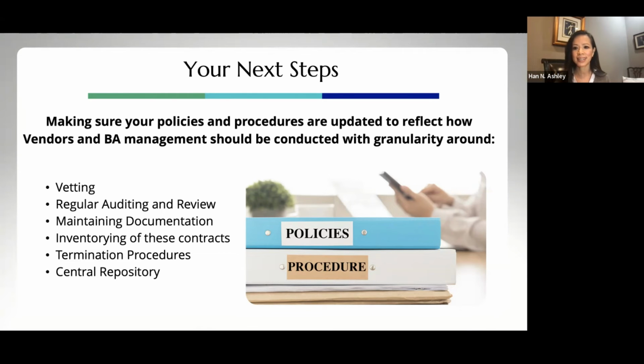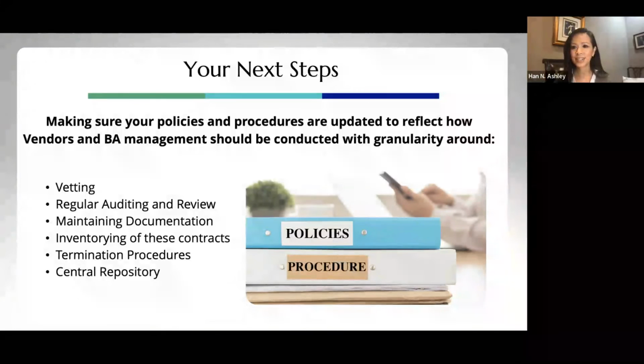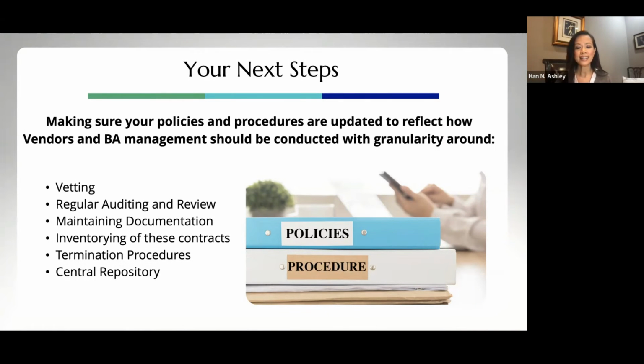It's all self-contained in the policy and procedure. How frequently there's an audit or review of your business associates and who is actually in charge of doing that. Where the documentation is maintained, we want that described within the policy and procedure, what documentation is maintained and who holds it and what it needs to be.